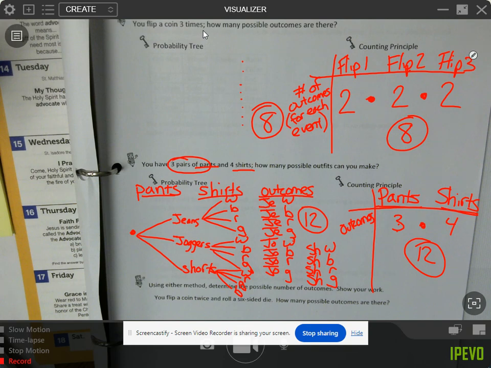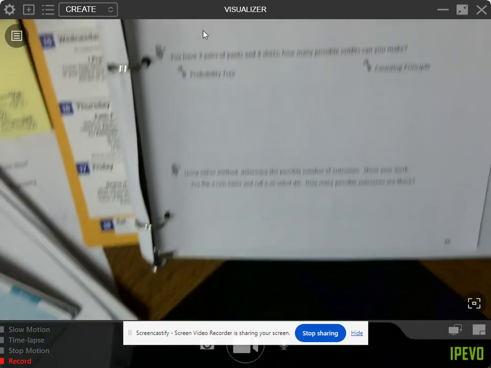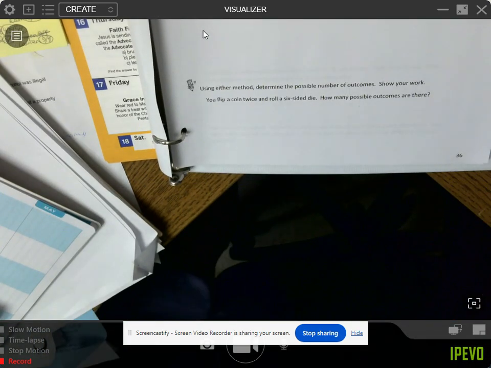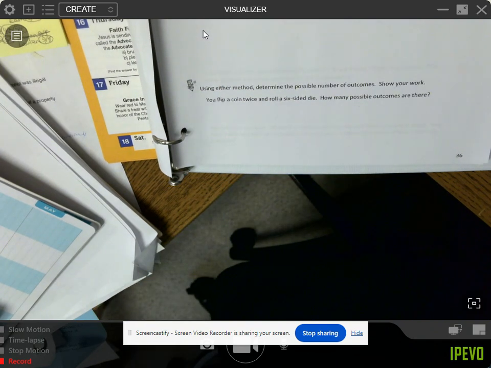All right, so let's move this up. Using either method, determine the possible number of outcomes. Show your work.